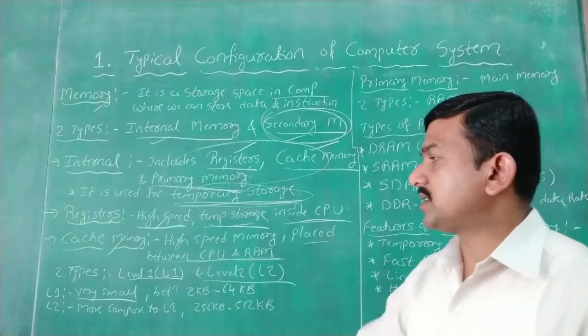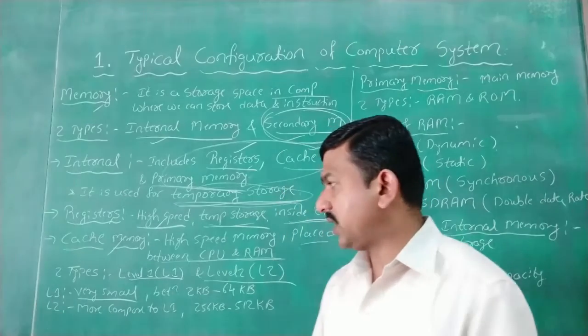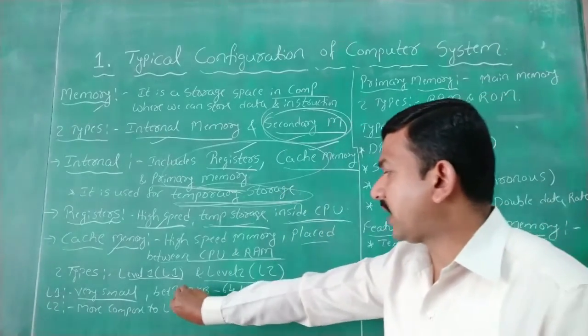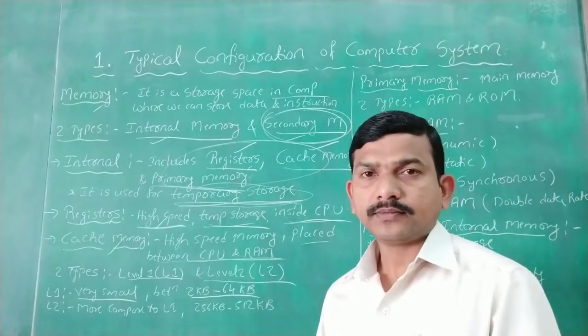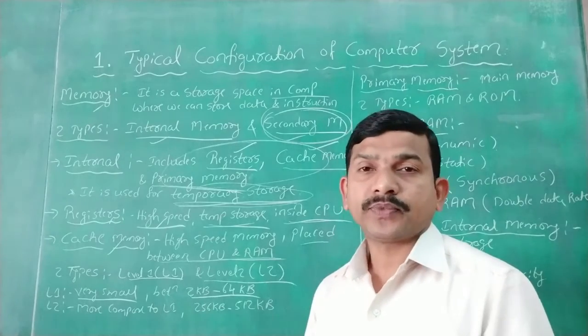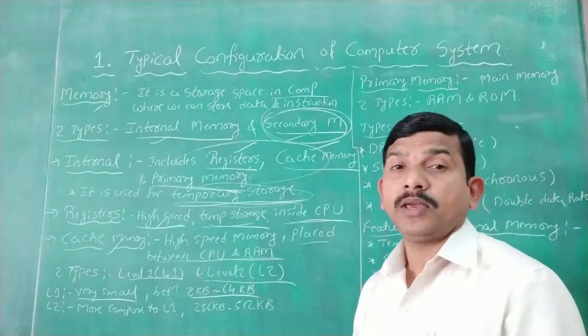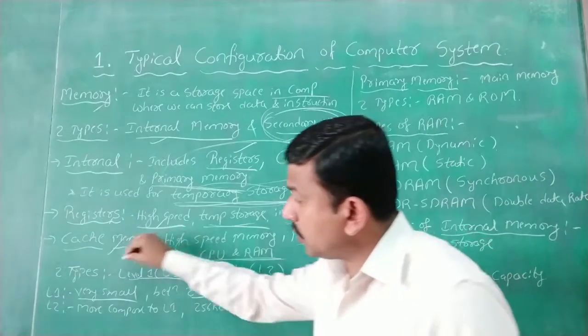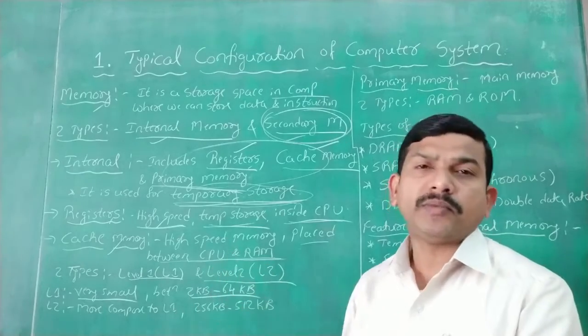L1 cache memory contains a limited amount of data. The range is around 2 KB to 64 KB of data it can store. That's why it can hold only a very small amount.